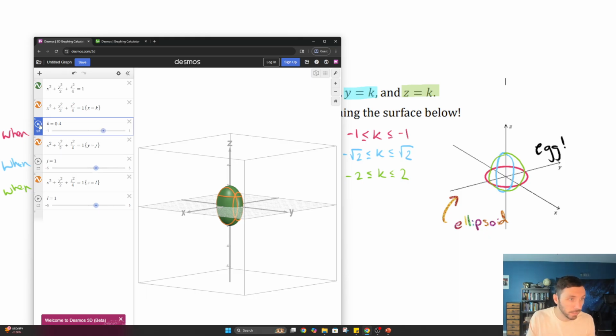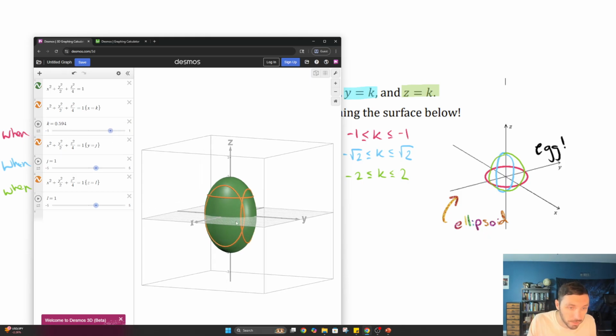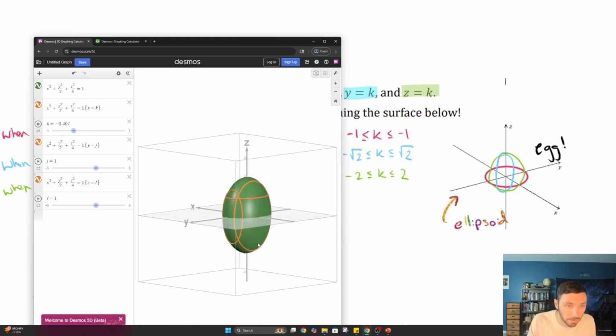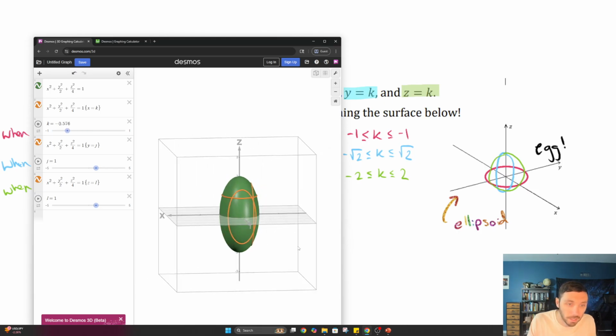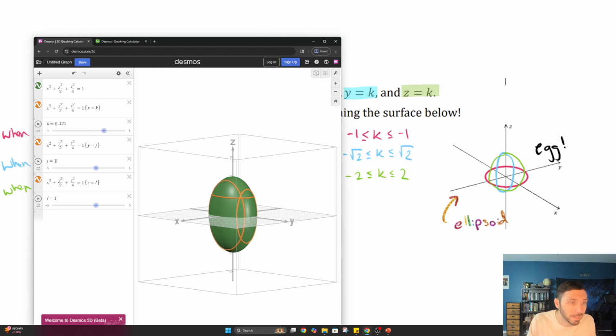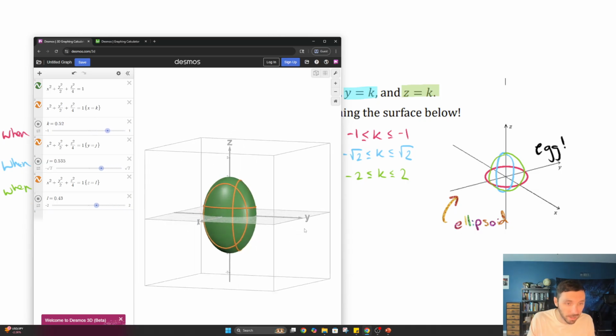And you can see here that each of these traces is elliptic, right? And you scan it forward, backward. I'm going to do the same thing. You can already see it's going to be worth it, right? Negative square root of 2 to square root of 2. And then 2. Oh man, this is going to be great. All right, look at that.